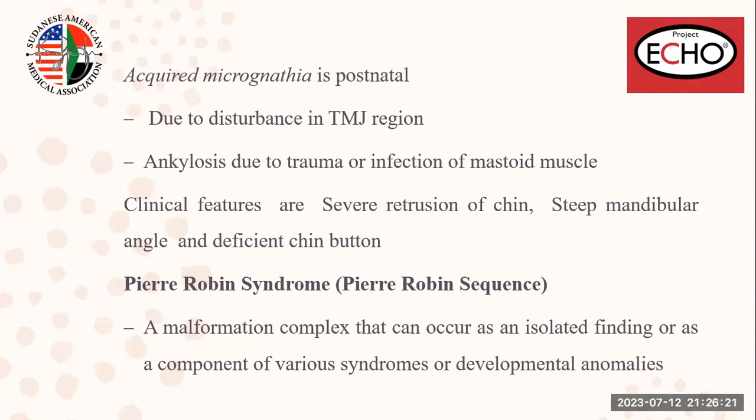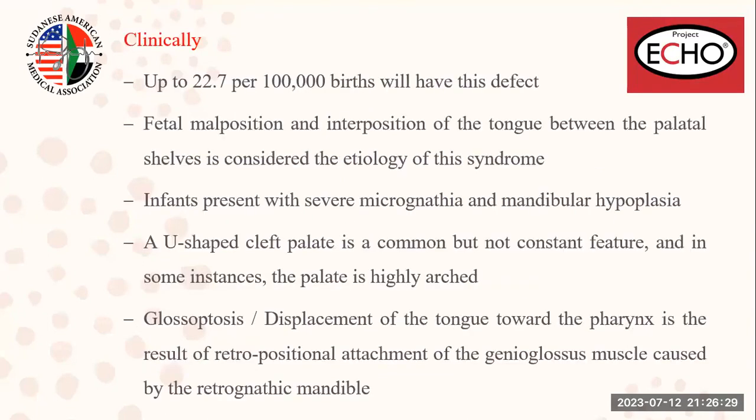That's why it might be called a sequence, because it contains more than one problem. Clinically, up to 22.7 per 100,000 births will have this defect. Let's say 23 patients per 100,000 will have this defect.